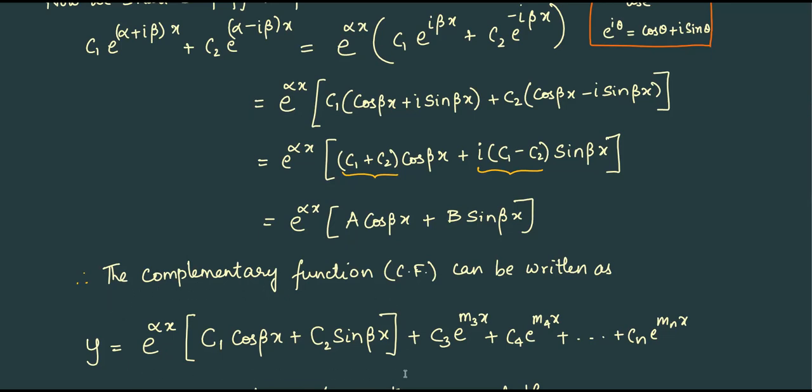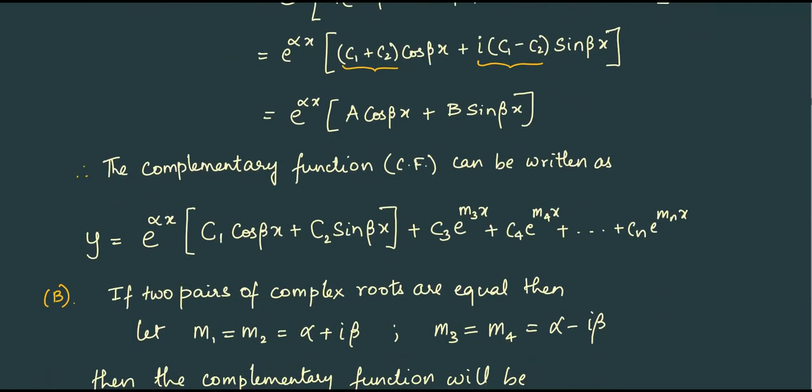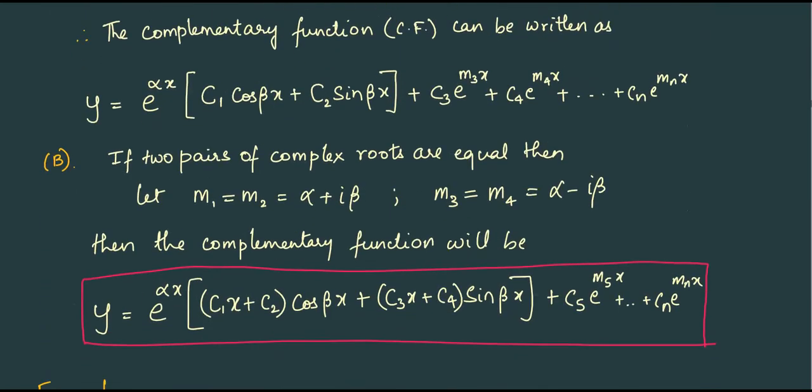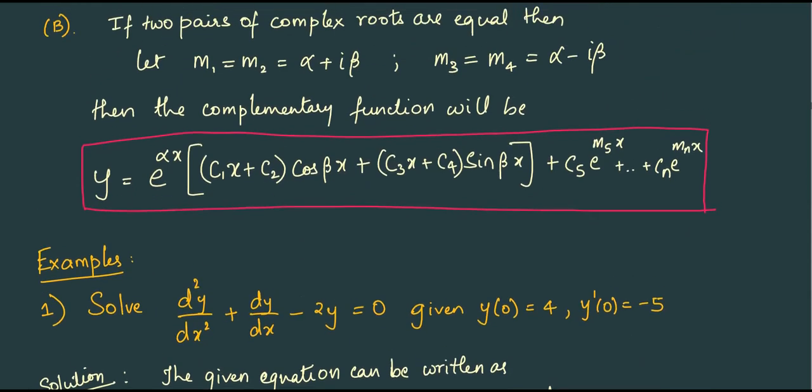So they will contribute this portion to the complementary function. The rest are the same if they are real roots. So for a pair of complex roots, we get this. If two pairs of complex roots are equal, then we get e power alpha x into (c1x plus c2) cos beta x plus (c3x plus c4) sin beta x, and the remaining the same.